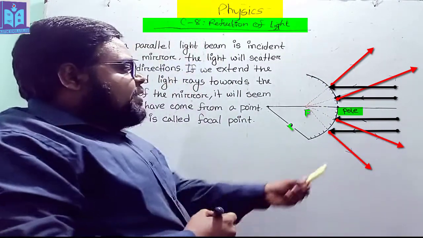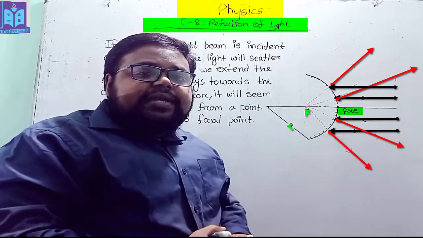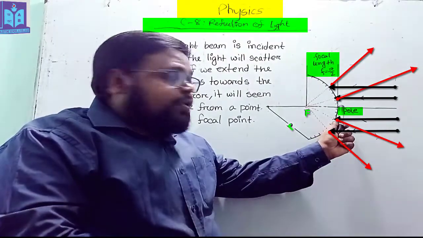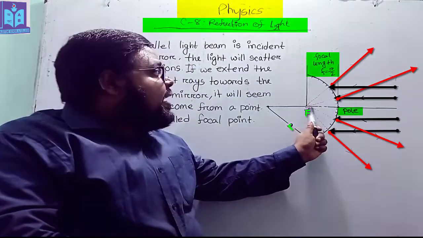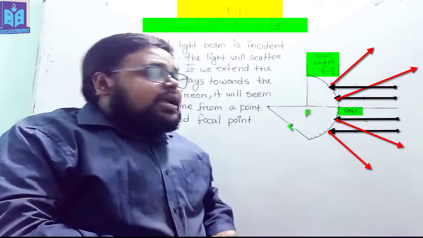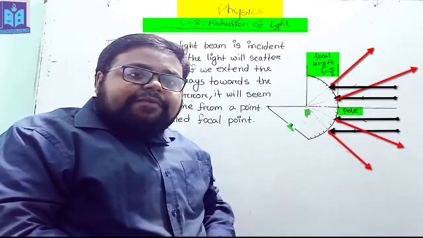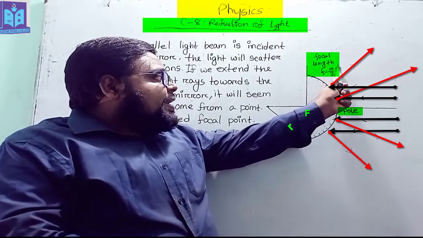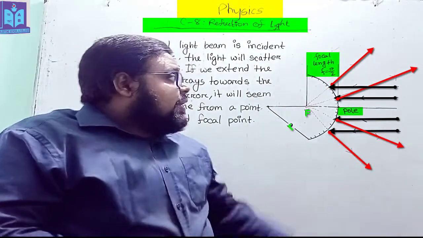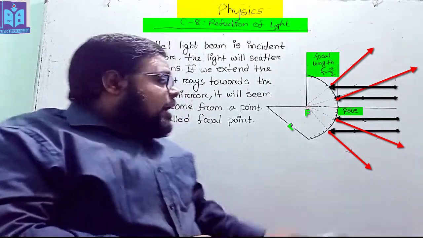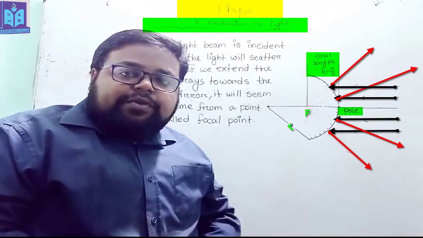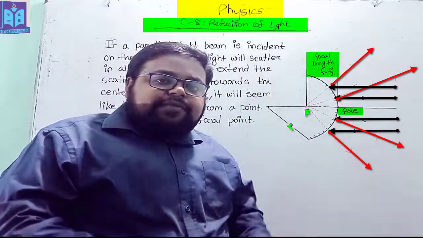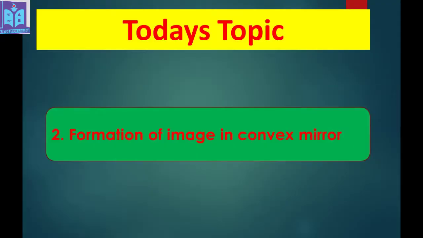And the distance between the pole and the focal point is called the focal length, which is expressed by f, and we know that the focal length f equals the radius divided by 2. That means the focal length will be half of the radius of this convex mirror. I hope you understand how the light will reflect on a convex mirror.